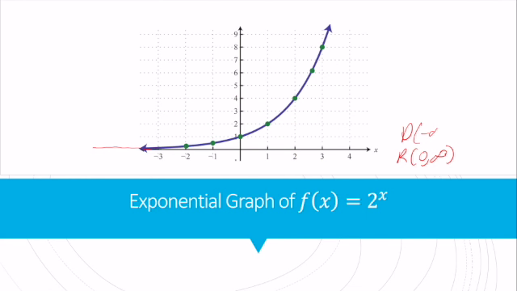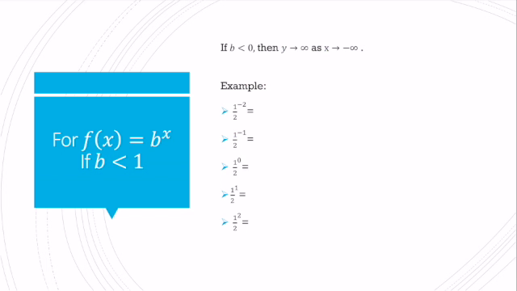Things are a little different when we have a b value less than 1, so let's take a look at that. If I have 1/2 to the negative 2, that's really saying I have 1 divided by 1/2 squared. So 1 divided by 1/4 is 4. If I have 1 divided by 1/2, I get 2. 1/2 to the 0 is still 1. 1/2 to the first power is 1/2. And 1/2 to the second power is 1/4.